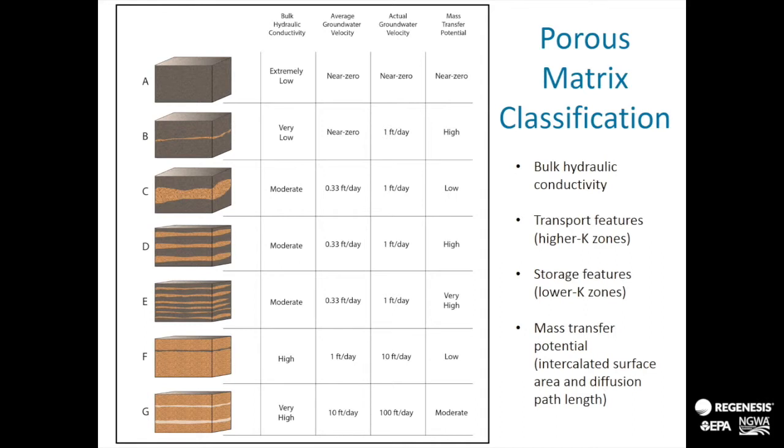In this classification scheme, we're going from bulk low permeability to bulk low with a small conductive parting, ranging all the way up to very high permeability with extreme high permeability partings. How is contaminant transport going to behave in each of those scenarios?